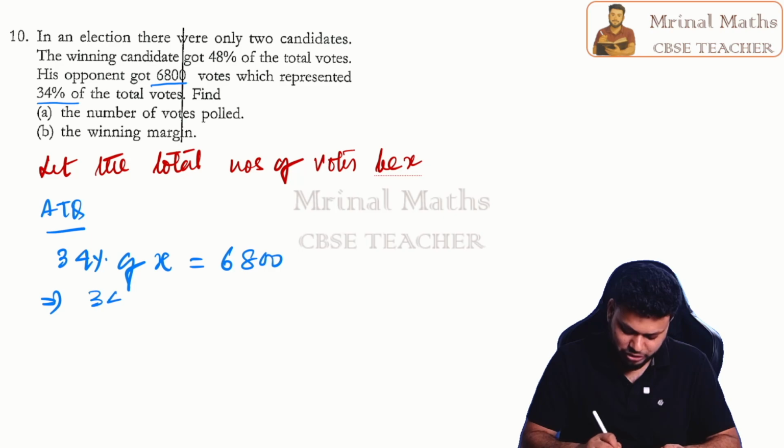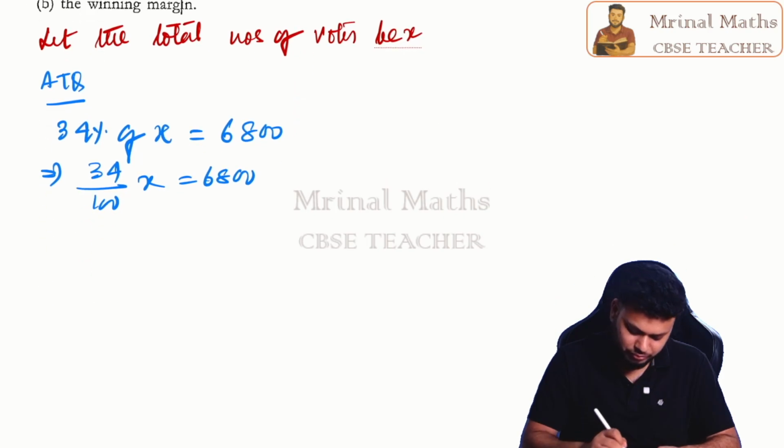Carrying out the calculation, 34 by 100 of X equals 6800.